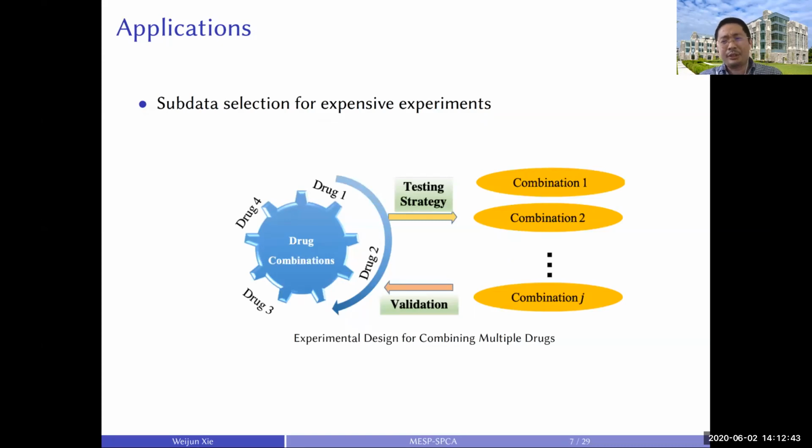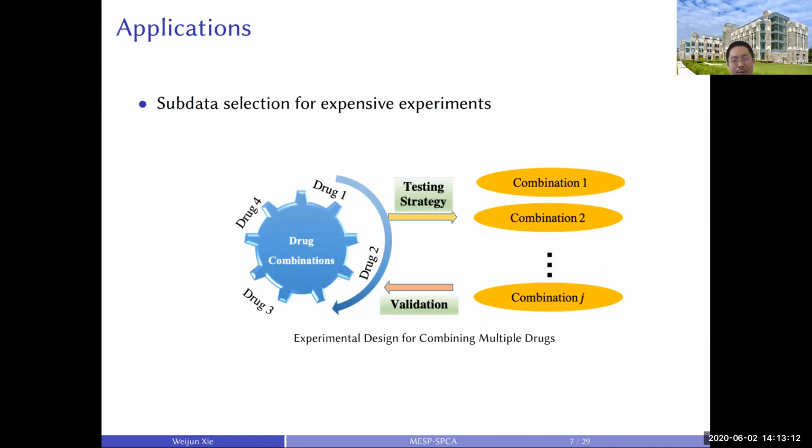Second example, for drug design, we know the clinical trial is very expensive. Another one is cancer treatment. For example, for breast cancer, there are more than 27 drugs which are useful. So in this case, how do we choose the best combination of different types of drugs for the clinical trial, and only a very important subset of drug combinations?